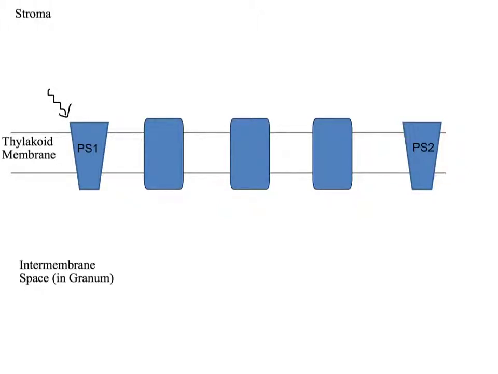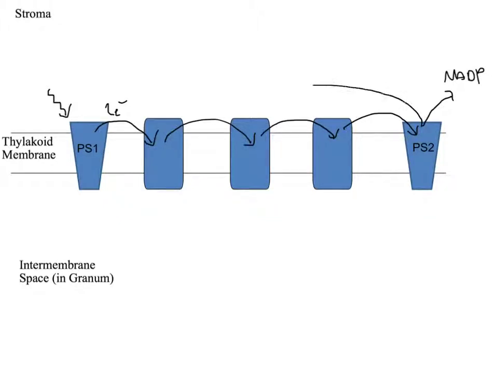That causes a pair of electrons to be emitted and passed to electron carrier 1, passed to electron carrier 2, electron carrier 3, before finally entering PS1. At this point, the two electrons can either combine with NADP, or they can go right back to electron carrier 1 and start the process again. So that's what happens with the electrons. They're passed along the electron transport chain in the thylakoid membrane.